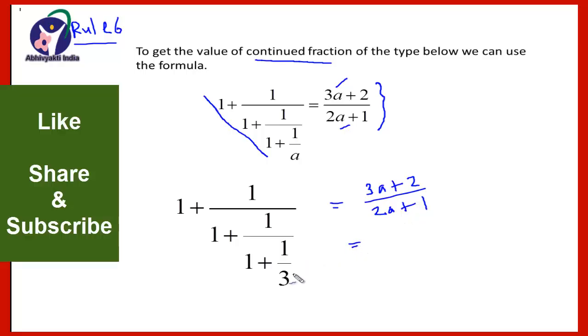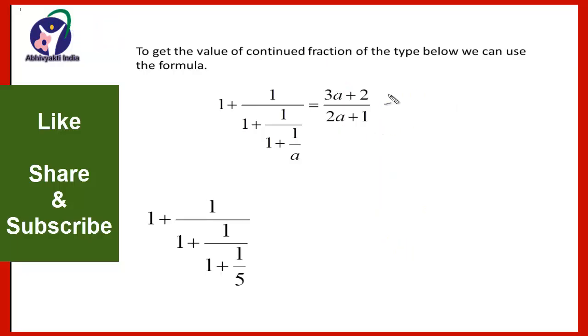A is equal to 3. So replace a by 3. You will get 3 3s are 9, 9 and 2 will be 11, and here 2 3s are 6, 6 plus 1 is equal to 7. So the answer of this continued fraction will be 11/7.